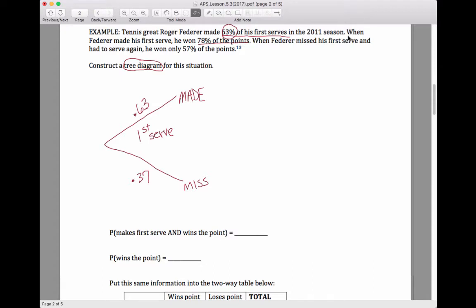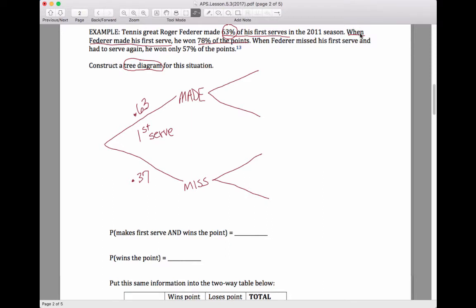The second sentence says that when he makes his first serve, there's a certain percent of the time that he gets the point for that particular game. So there's a branching that comes off each of these, and this branching is what can happen next.